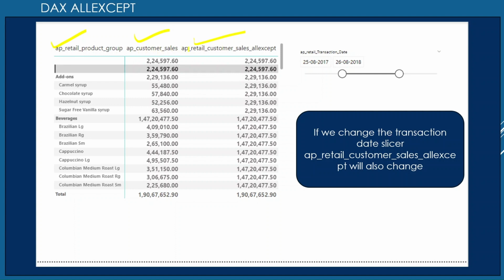One is the AP customer sales, and the other is AP retail customer sales all except, so it has the ALLEXCEPT function. Here, this is the parameter. If we change the parameter, the corresponding value generated with the help of these measures will change. So let's create this visualization.